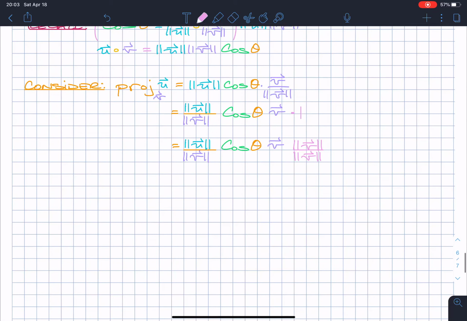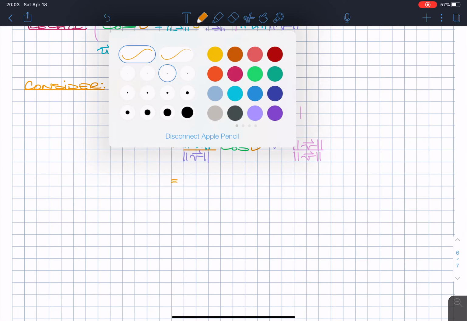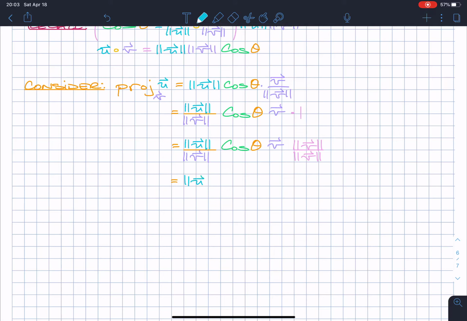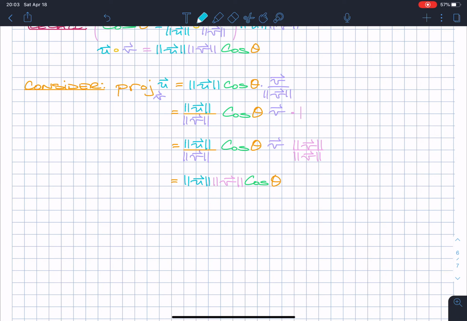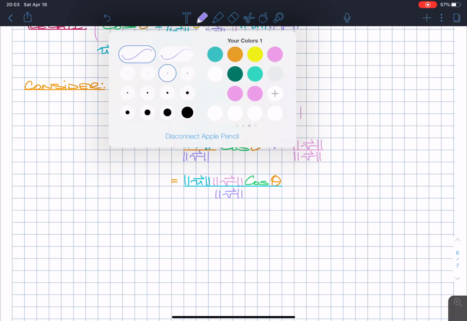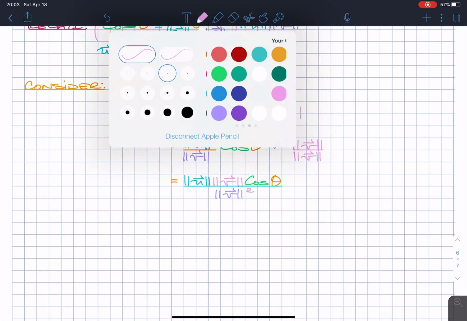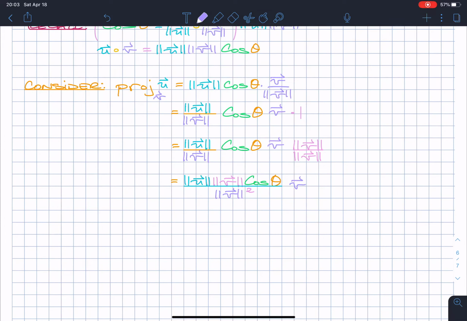So now what I have in the numerator, if I rearrange things, I have the magnitude of u times the magnitude of v times cosine of the angle theta between them, all divided by the magnitude of v squared, because now I have two of them. That's squared because of that extra one. And then times vector v on the outside.